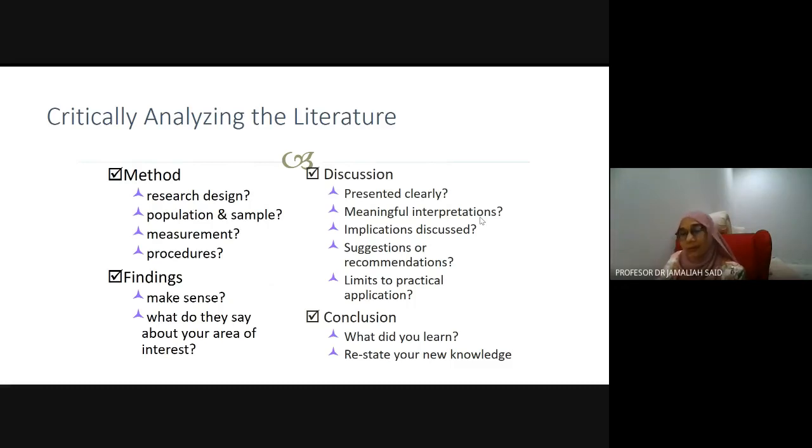You have to discuss the article. So in a way, you have to read the article, understand it, and be able to criticize or critically analyze the article. Only then can you prepare a good literature review.